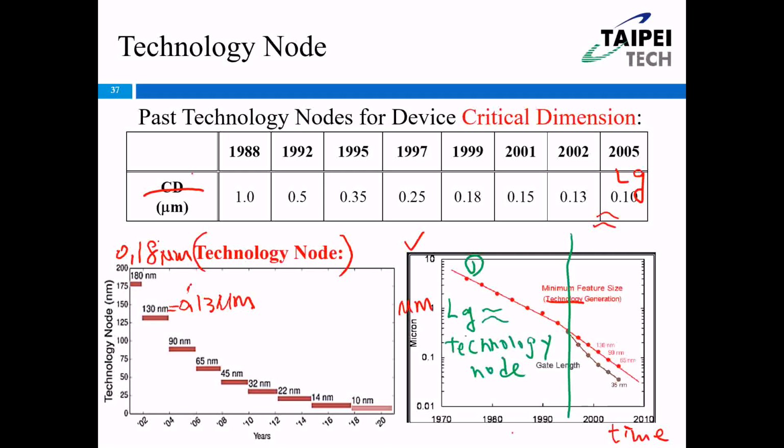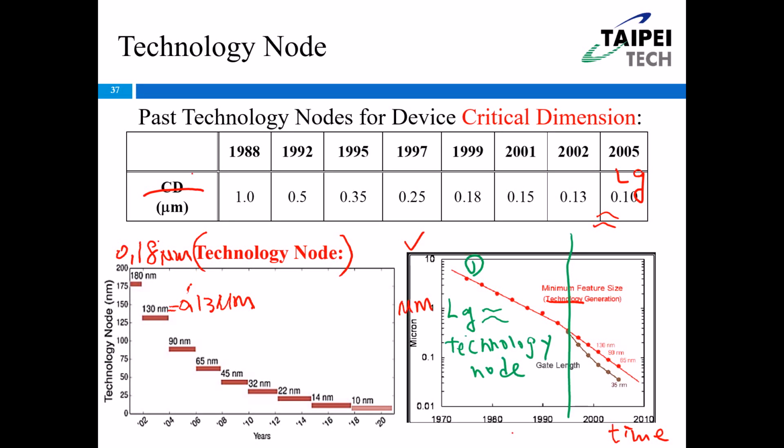So 20 years ago, the gate length is the critical dimension, also equal to the technology node. That's the reason so many employees in TSMC believe the technology node is the gate length. Maybe 20 years ago it's still true.